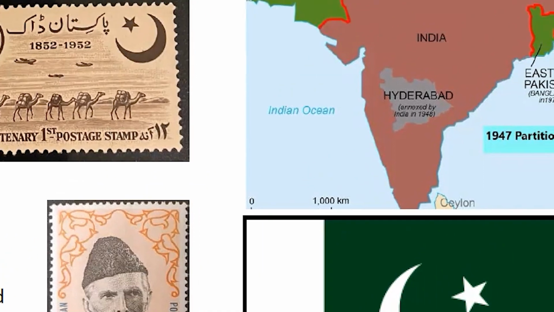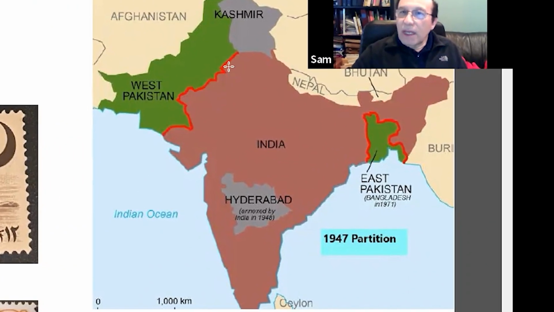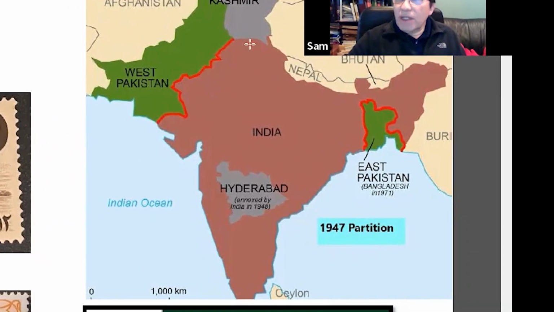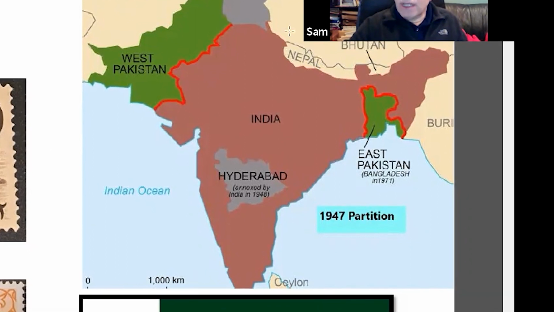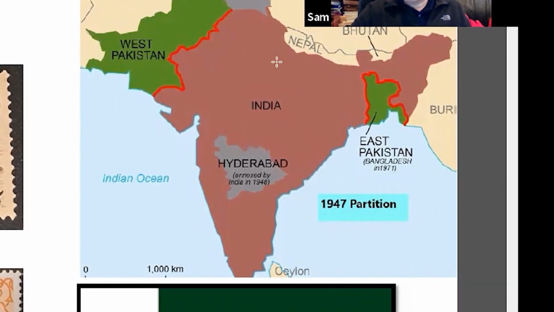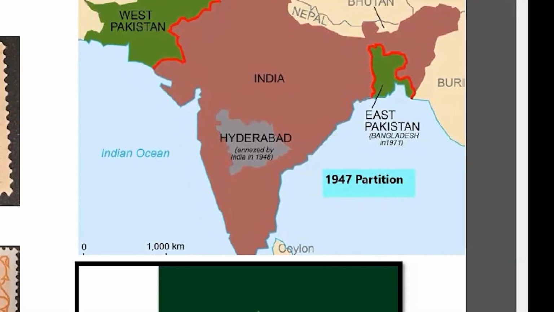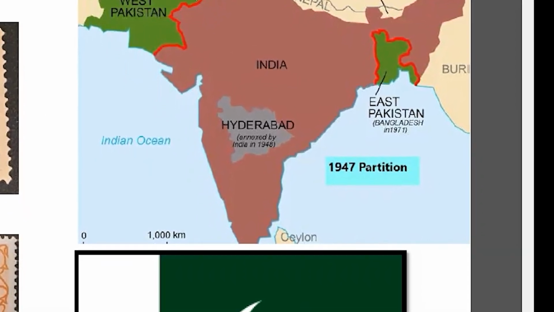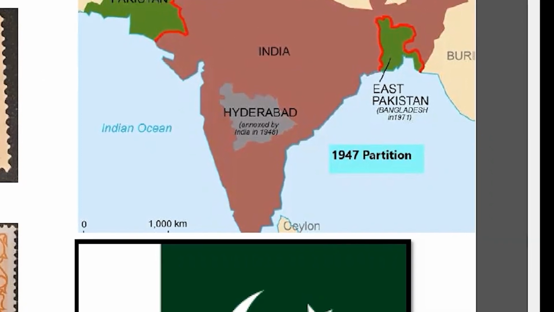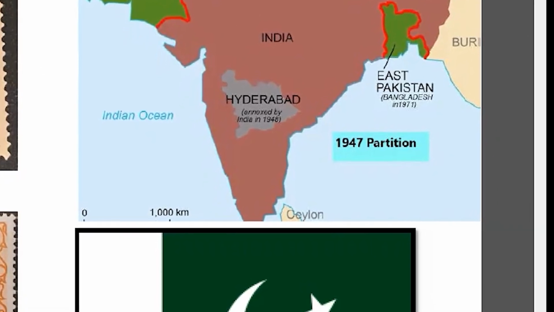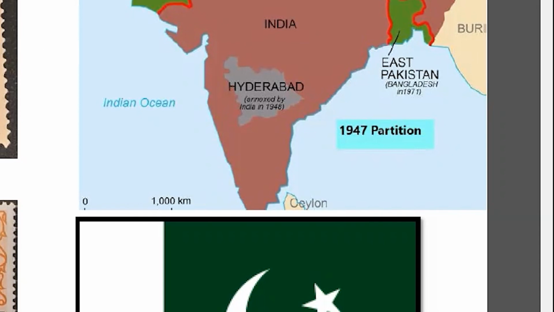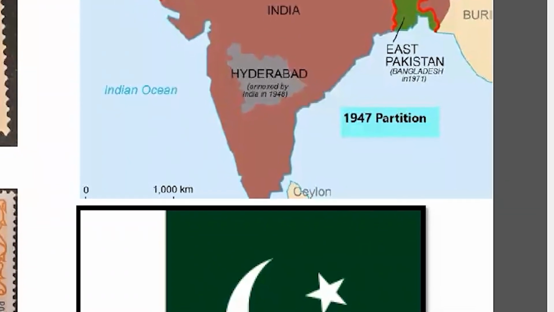On the right, we have the map after the partition of this region, British India, let's call it. When they partitioned, they divided it mainly into two countries, because there were some other small states in there. So it was Pakistan and India.